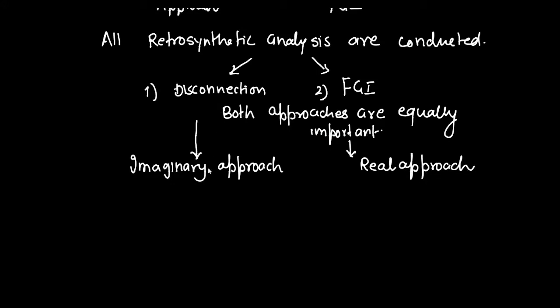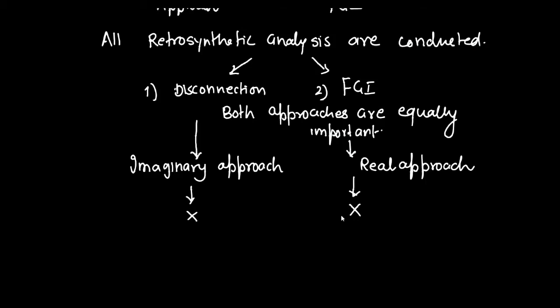So disconnection is an imaginary approach and FGI is a real approach. With the help of only the imaginary approach, you cannot conduct the retrosynthetic analysis. Or by using only the real approach, you cannot conduct the retrosynthetic analysis.